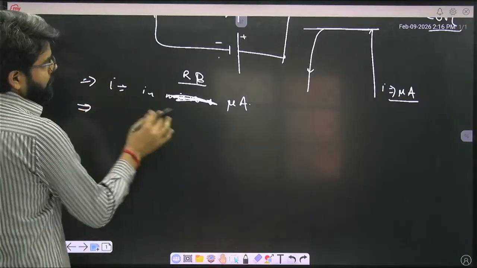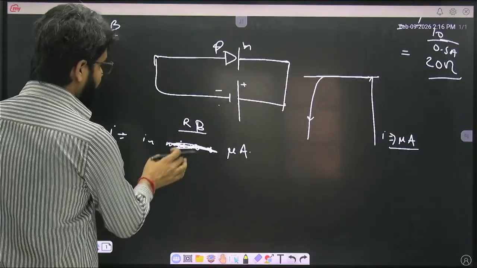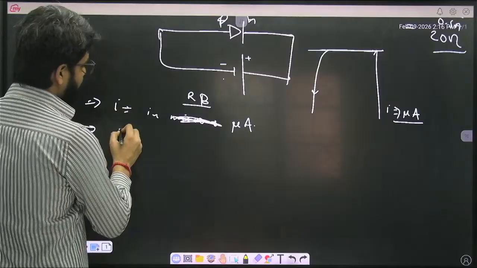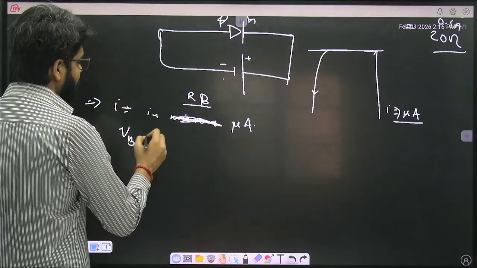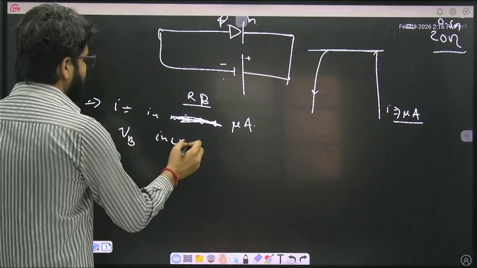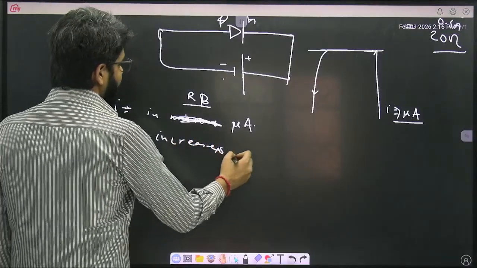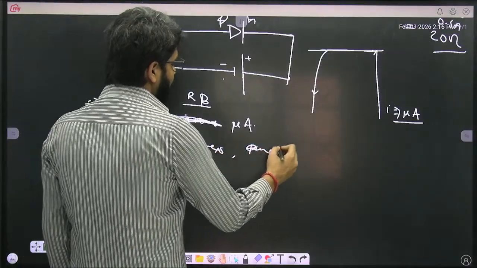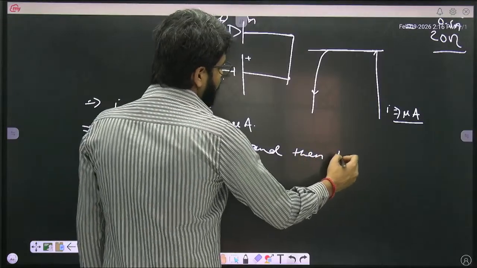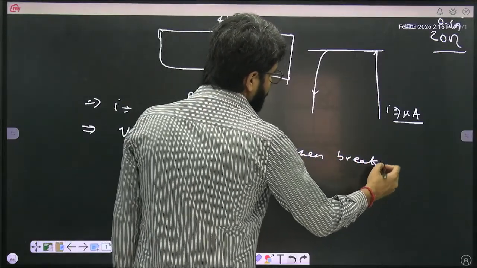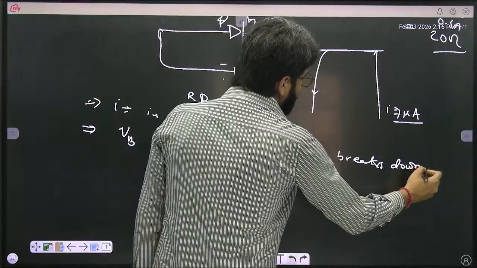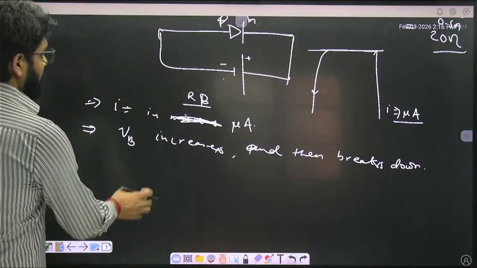Second, as this VV increases, the depletion region VV increases and then breaks down. Okay, fine.